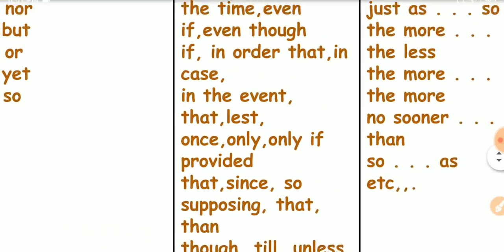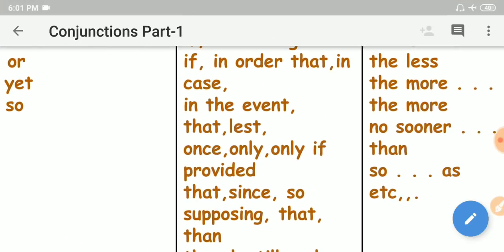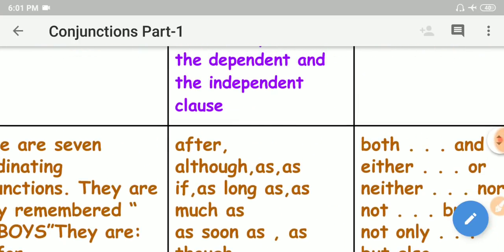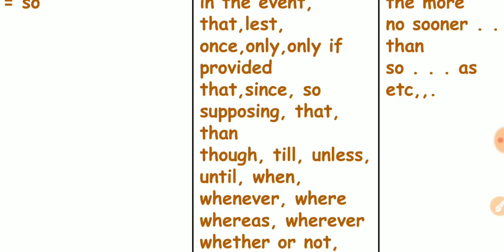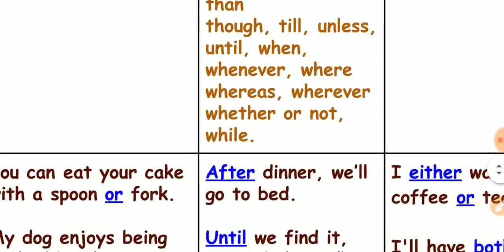These are some important subordinate conjunctions we have in English. We will learn their proper usage in detail in the next video, my dear friends.